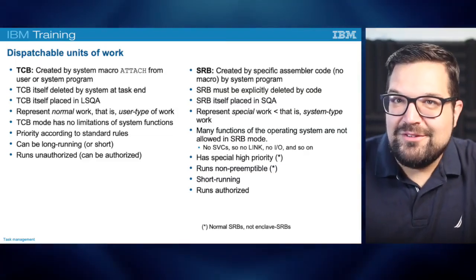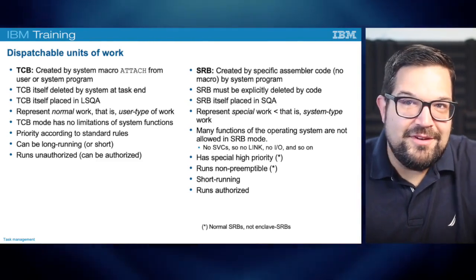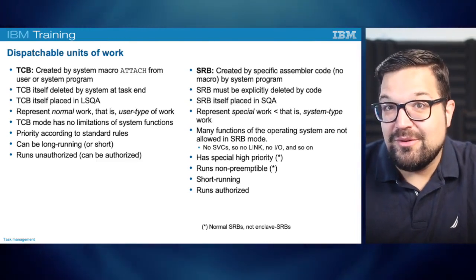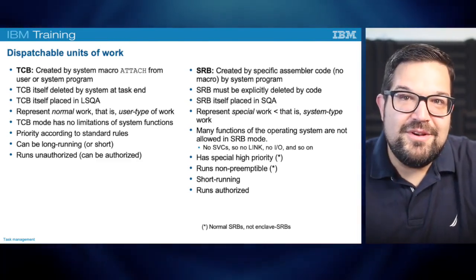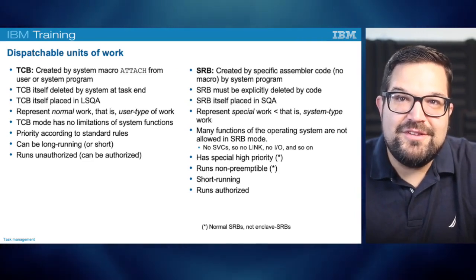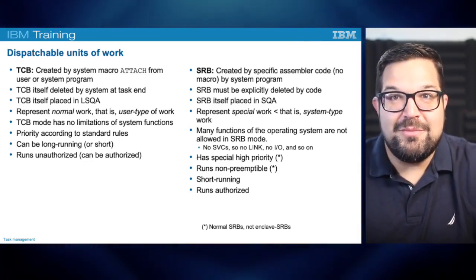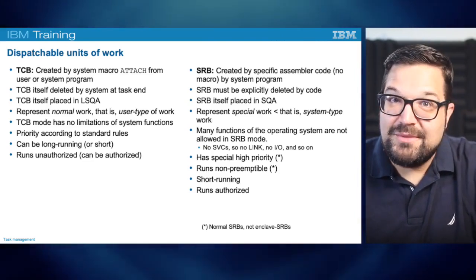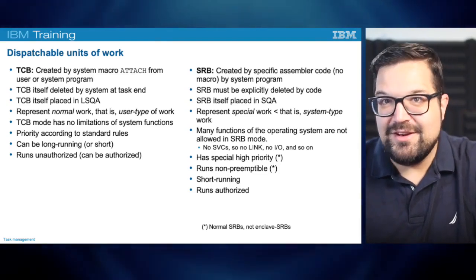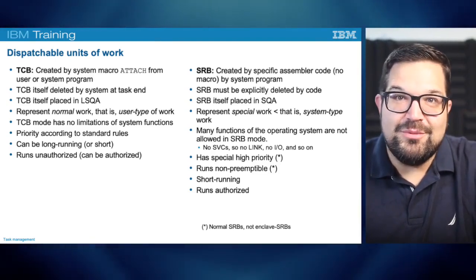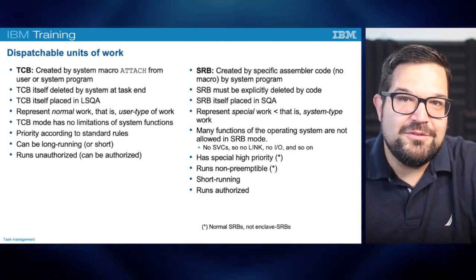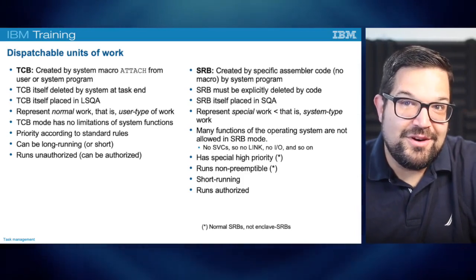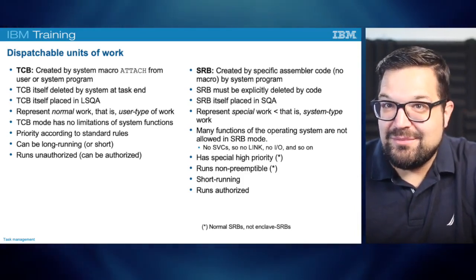Now, normally when we talk about task control and how the operating system works, we'll be talking about TCBs, but as you know, there are also SRBs. SRB mode is a special programming environment which is not used by normal user programmers like you and I. A non-preemptible unit of work will get special priority handling in case of an interrupt, and after an interrupt, it will always return to the non-preemptible unit of work, so the system will not go to the dispatcher looking for more work to dispatch because this is the priority.